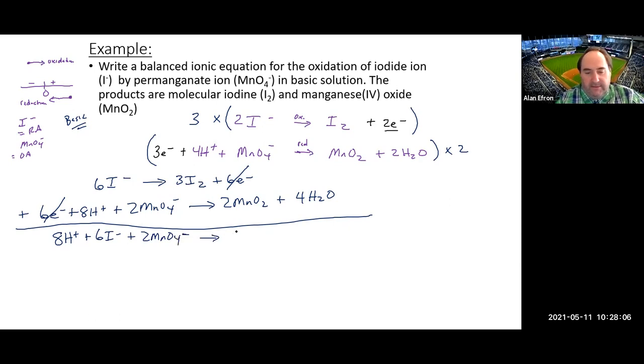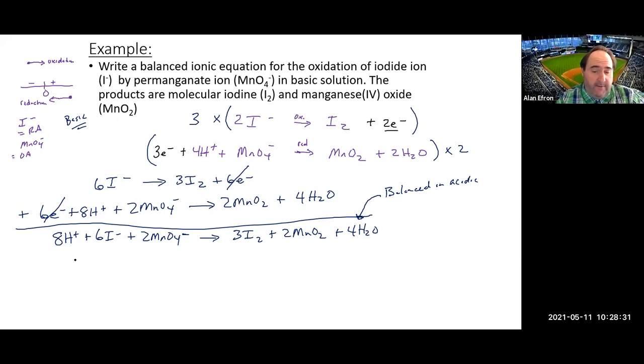Going to the other side, 3 iodides plus a couple of those and 4 of those. Technically speaking, what we are looking at here would be this reaction balanced in acidic conditions. Again, we see the H plus there on the left-hand side telling us it is balanced in acidic conditions.